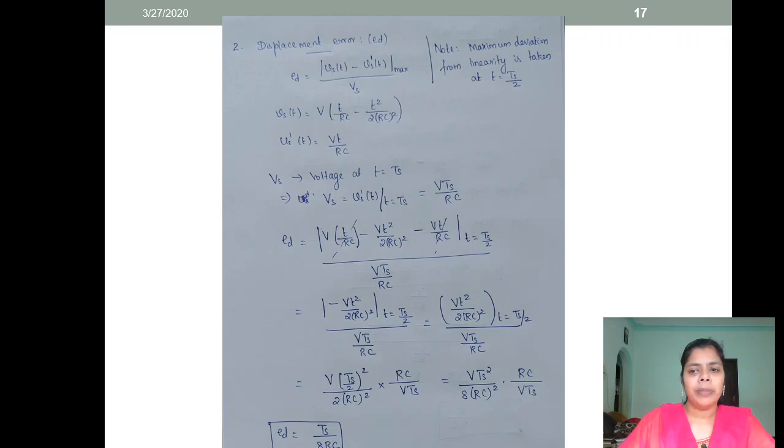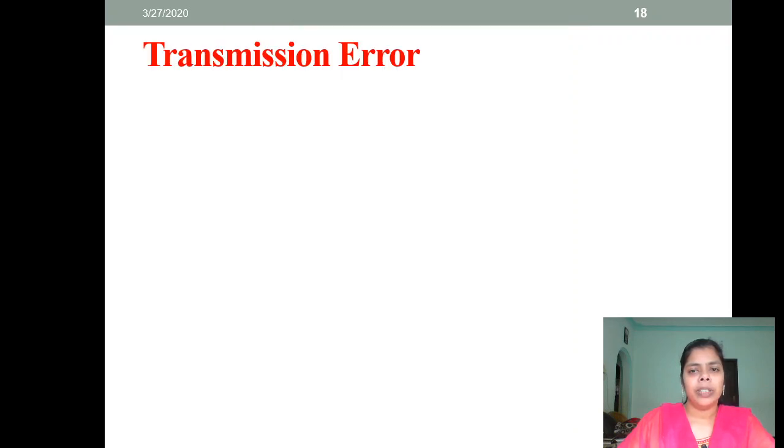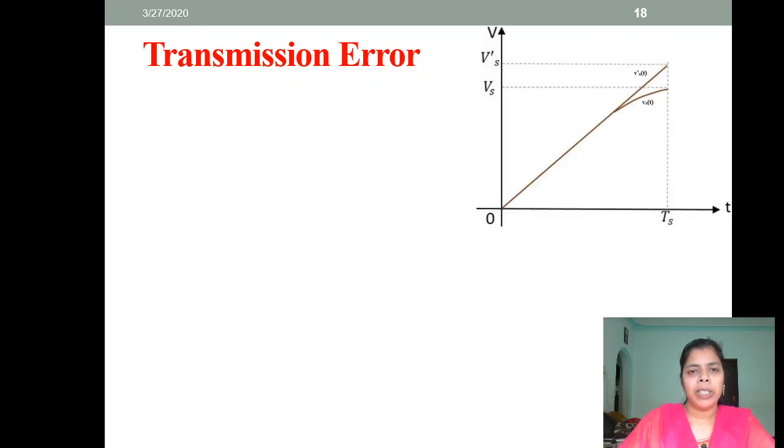And when we transmit the generated exponential sweep signal through a high-pass network, there will be a transmission error. The transmission error is a deviation in the amplitude of the signal. This difference is called transmission error.